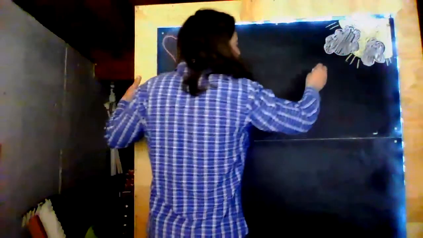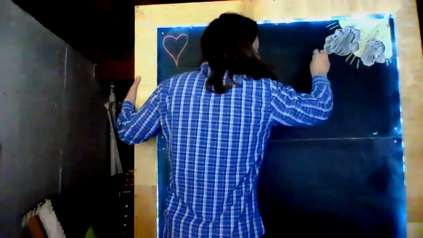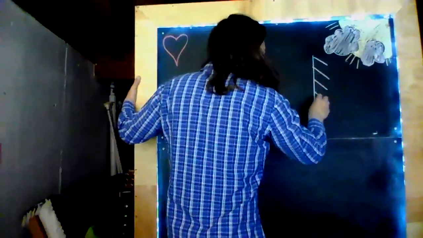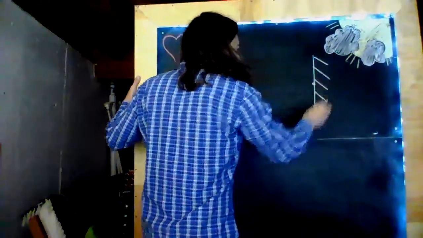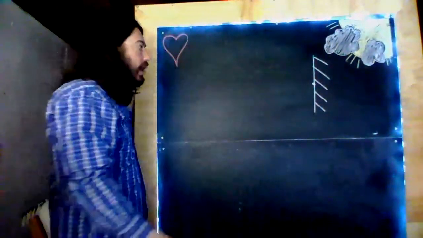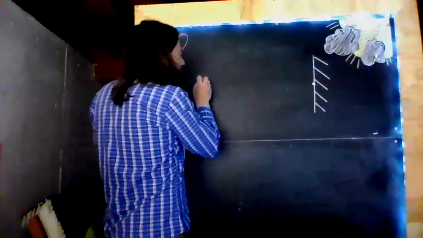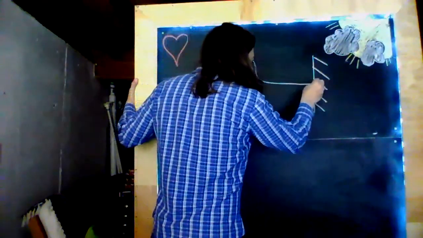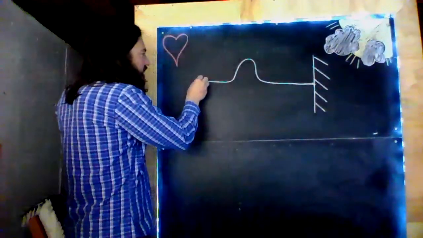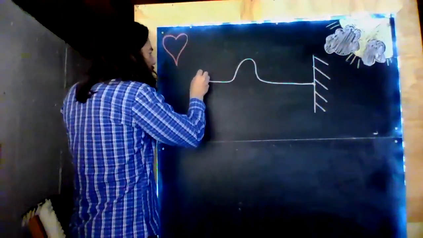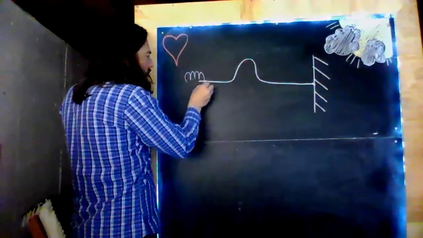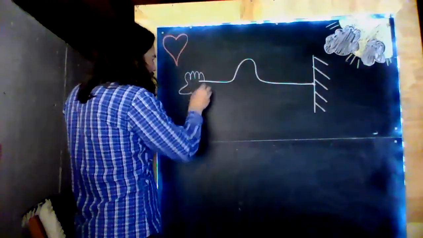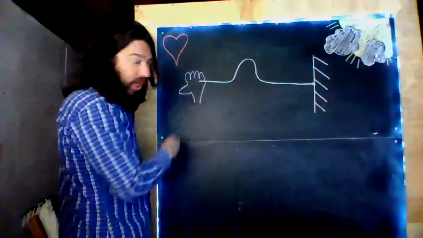So let's say that I have a rope and it's tied to a wall. And I send in a wave pulse. Right? And so I send in a wave pulse, and let's say that the wave pulse is shaped like this, okay? So here's my hand over here, shaking the rope.